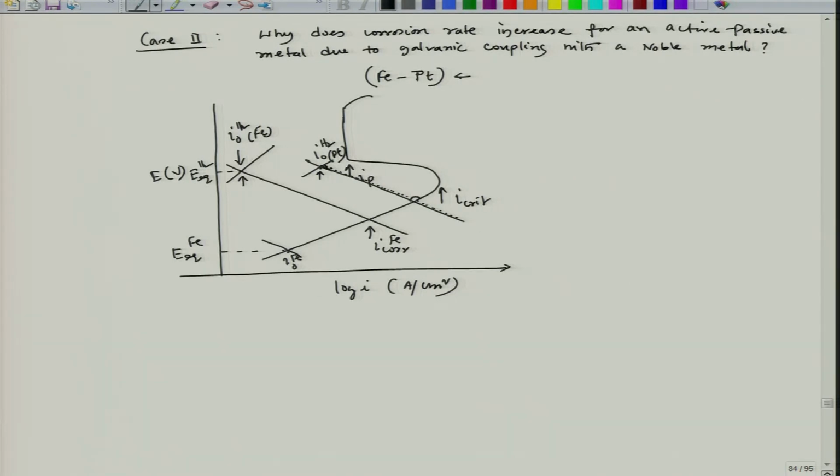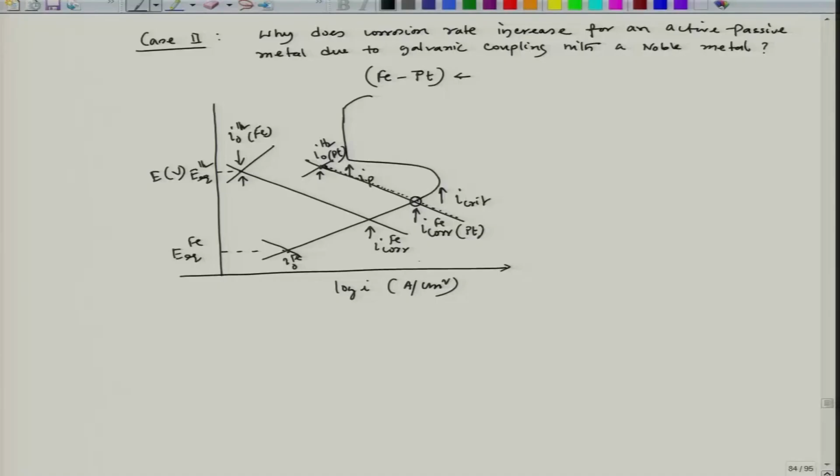So, now this becomes my I corr of iron on platinum, when that iron piece is galvanically coupled with platinum. Now, even in spite of the active-passive possibility of that iron, because of the position of equilibrium of the hydrogen evolution reaction and at the same time the I0 of the hydrogen evolution reaction on platinum and iron surface, the cathodic polarization line is cutting the iron activation line in the active zone.